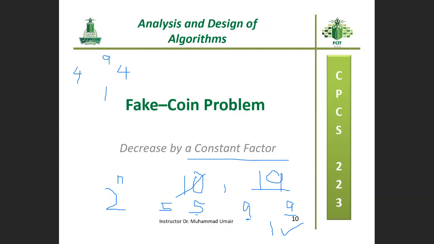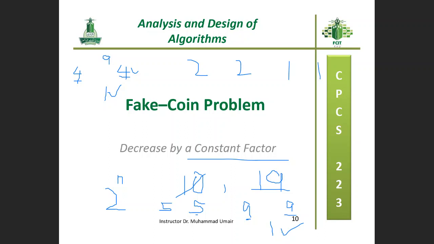If they are the same, then this separate coin is fake. Otherwise, any one of the piles will be lighter, and whichever pile is lighter will be picked, and it will be divided into 2, 2. Then it will be divided into 1, 1. In this way, you will search for the fake coin speedily as compared to the linear approach in which you have to compare the coins one by one. Is that clear?